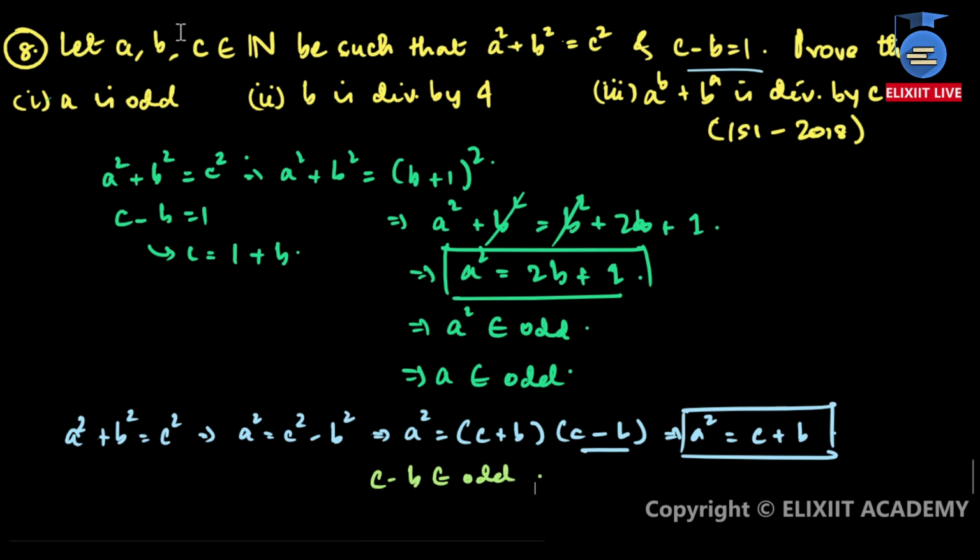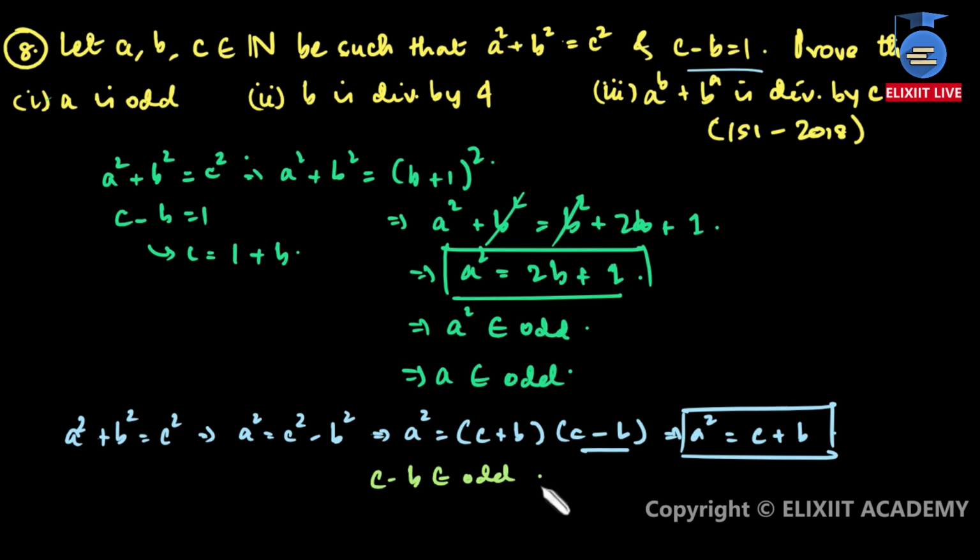So if c minus b is odd, why is this odd? Because it is given that c minus b is 1. So one of c and b is even, and then the other one will be odd. If their difference is odd, then their sum is also odd.